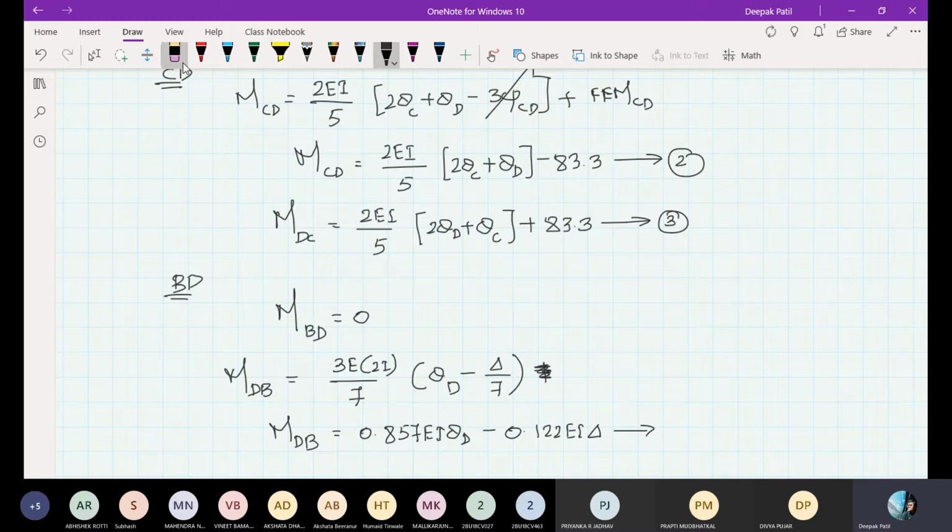Let me call this equation 4. Is that clear, students?